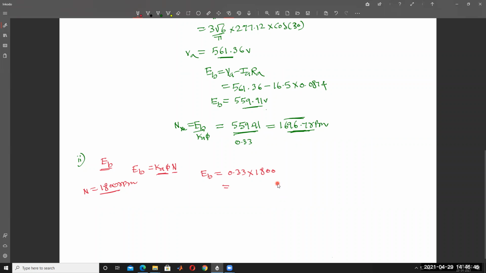Then you will get EB equal to 594 volts. And then VA is equal to EB plus IA into RA. So find VA using the relation VA is equal to 3 root 6 divided by pi into V phase cos alpha.